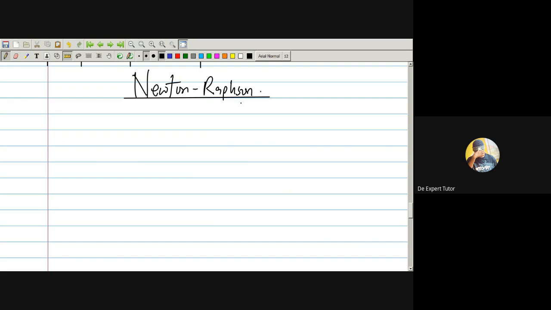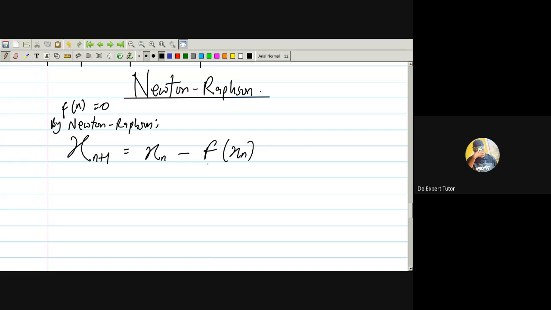If you have an equation that you want to solve, f of x equals 0, by Newton's method, they can call it Newton-Raphson, this is the formula we make use of. x of n plus 1 is equal to xn minus f of xn divided by f prime of xn. This one involves a derivative. Wow.